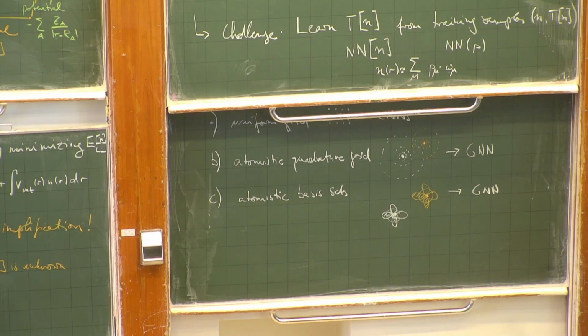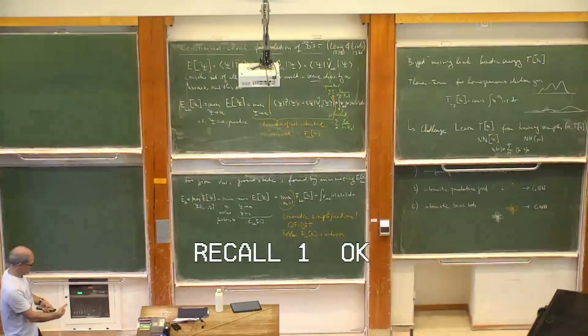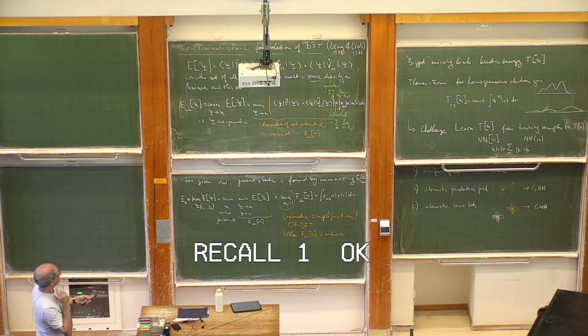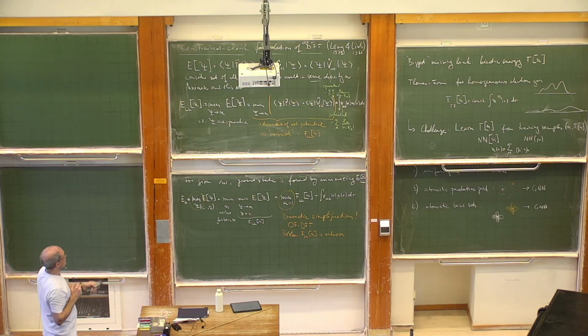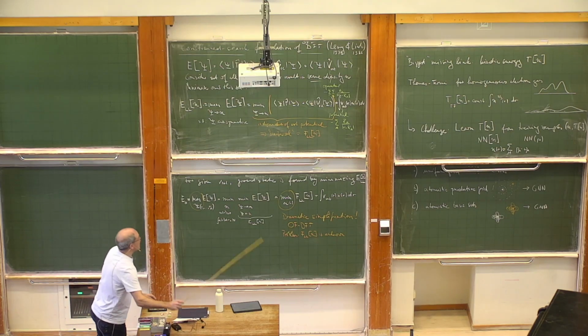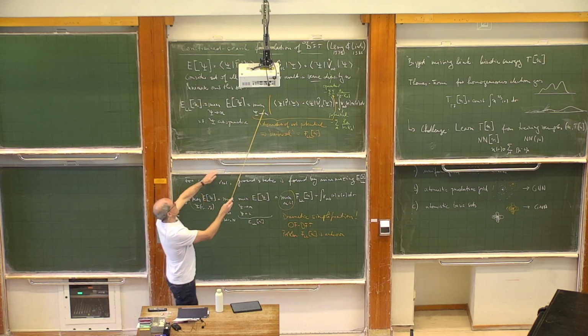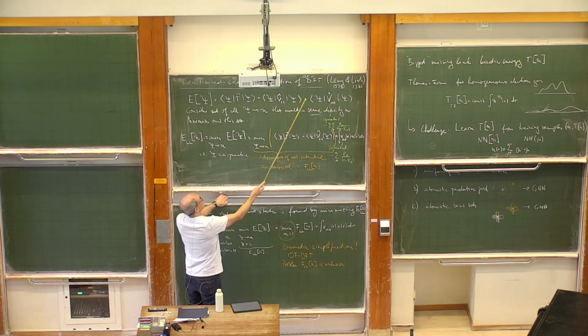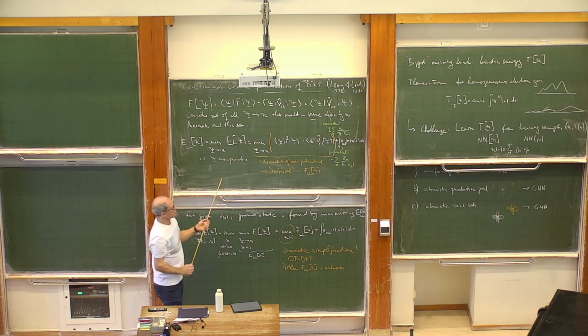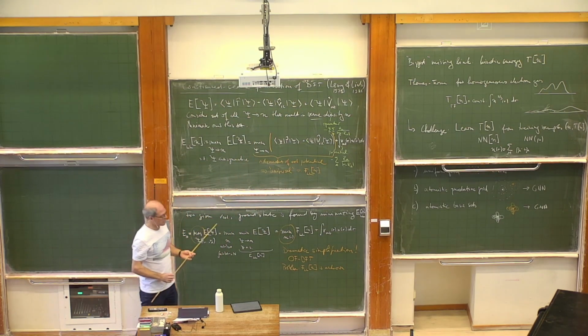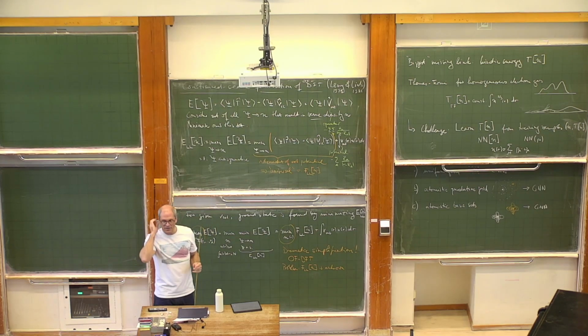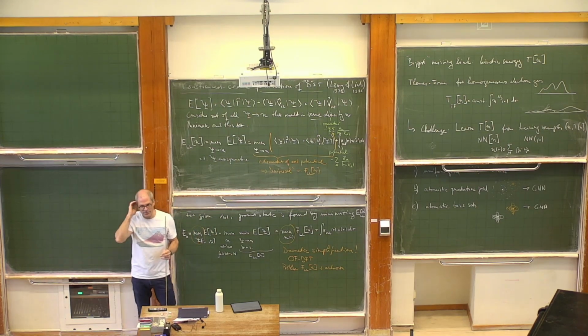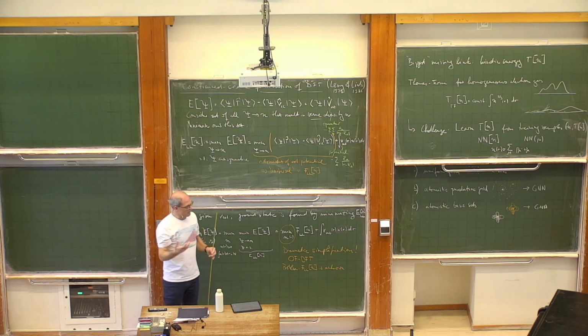All right, do you have any questions so far? Yes. So the question was, what about the electron-electron interaction term? What one usually does is decompose this into a so-called Hartree term. That's the classical electrostatic interaction of the electron density with itself.